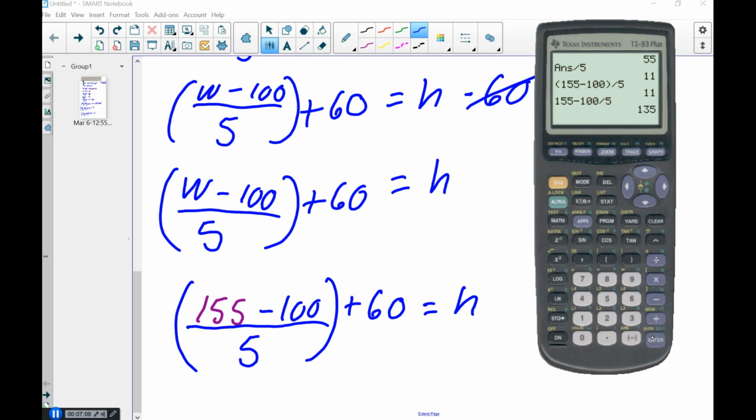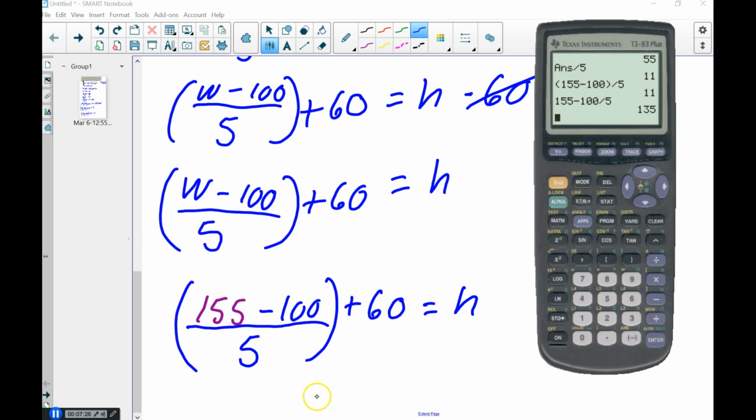See that? So when you're doing a fraction like that, make sure you do the top first, 155 minus 100, then divided by 5. So I would like to either use brackets or get a total before you divide. So by using brackets, we have 11.